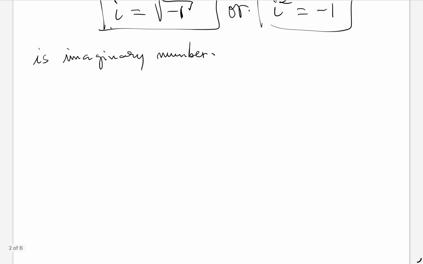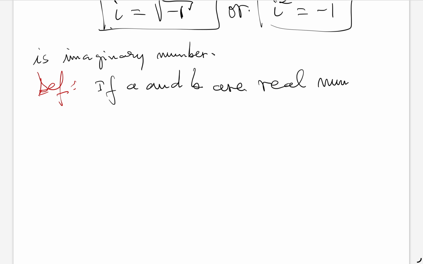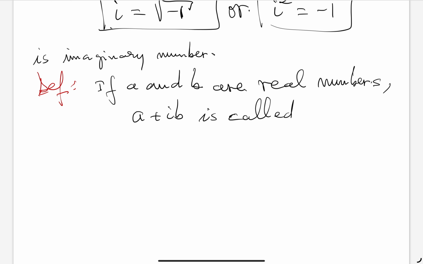So now complex numbers. Definition. If a and b are, for example, real numbers, then you can have the form a plus ib, which is called a complex number.